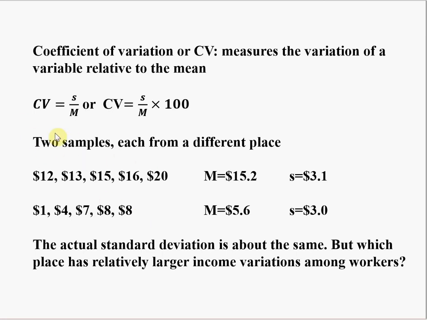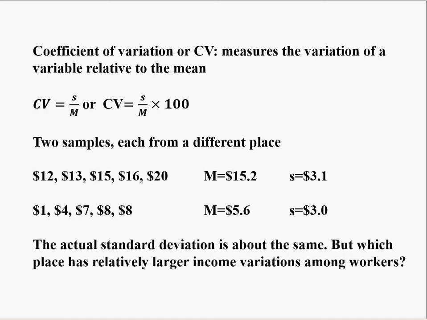And when you calculate the standard deviations for both places, they're about the same. The first place has a standard deviation of 3.1. The second place has a standard deviation of 3.0. So it looks like both places have the same amount of income inequality among individual workers. We know that the standard deviation measures the typical spread between individual cases and the mean.